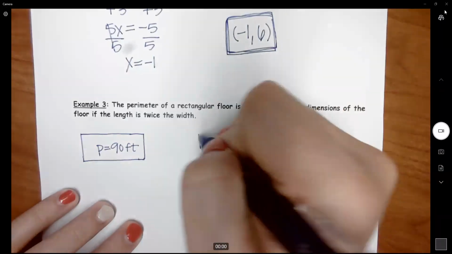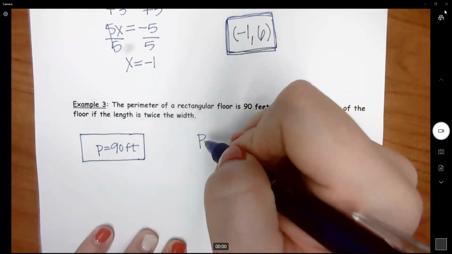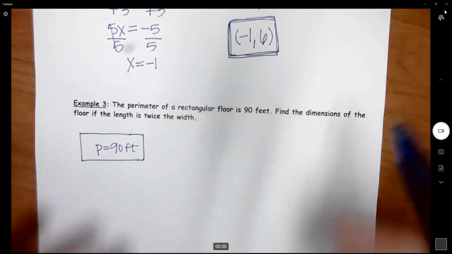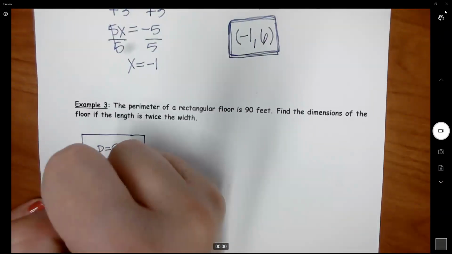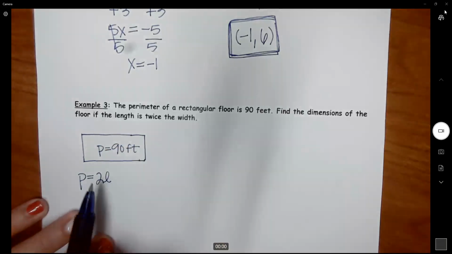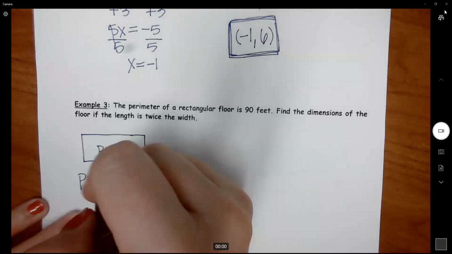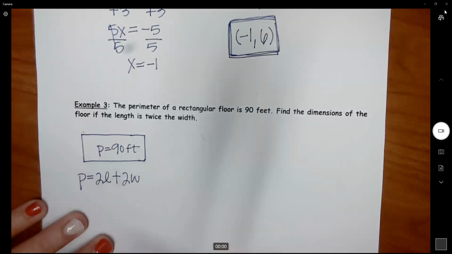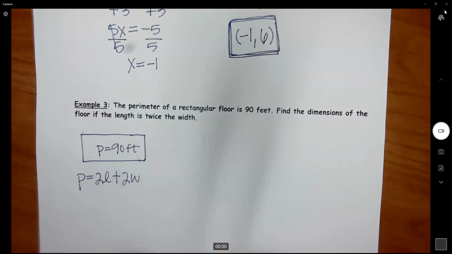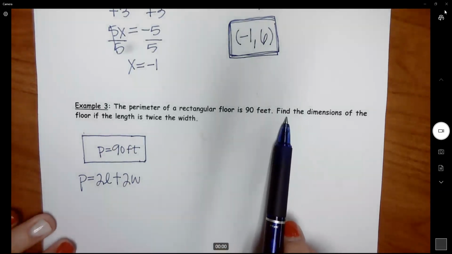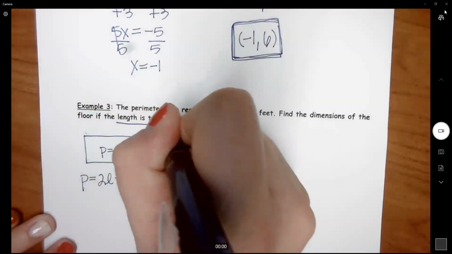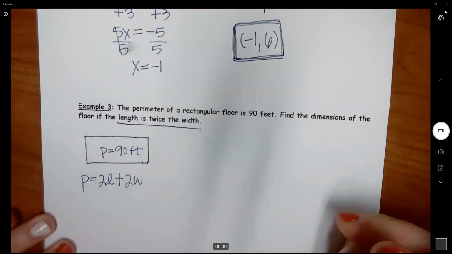So your formula for perimeter is 2 lengths, this one plus this one, plus 2 widths, which is this one and this one. And it goes on to tell me that the length is twice the width.